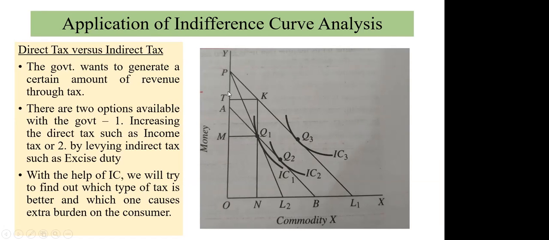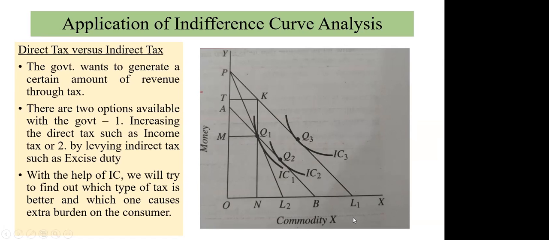Suppose the government puts a direct tax equal to PA amount. So this PA amount of direct tax will cause my price line to shift parallelly from PL1 to AB.